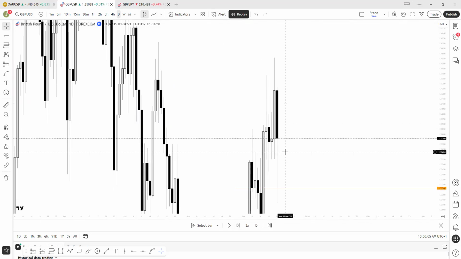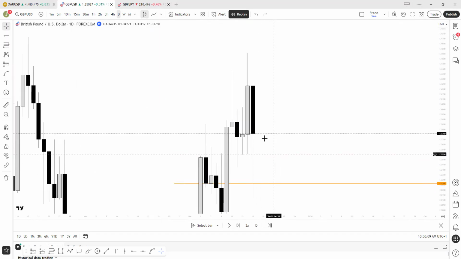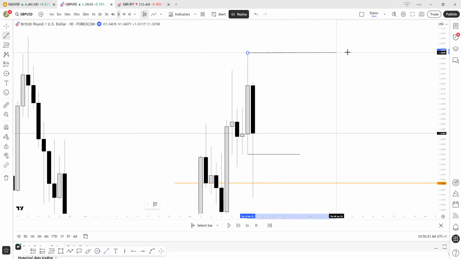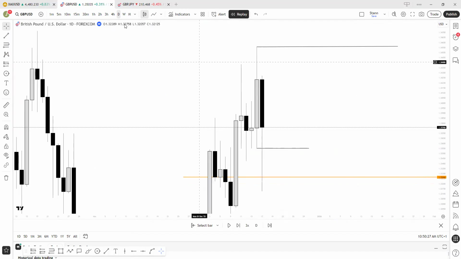Can you see it right there? Rejection from that key level, and we swept the previous candle's low and closed inside. So if all things go well, we should be targeting here as our external range liquidity. That's our draw on liquidity.